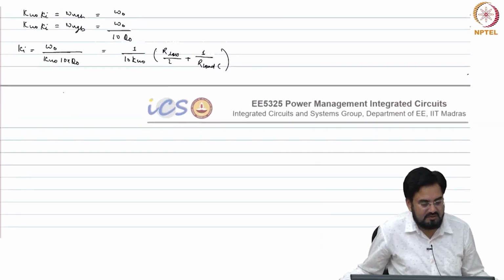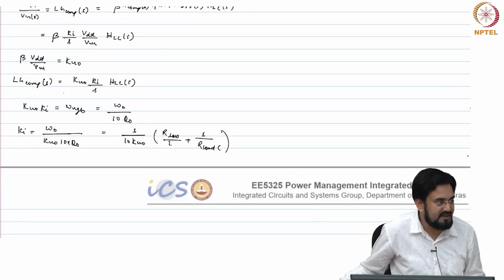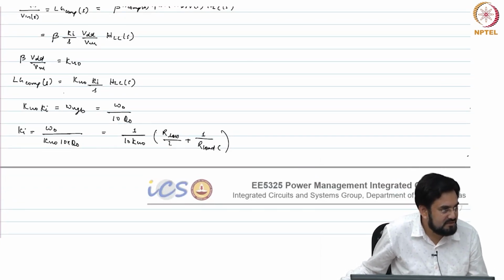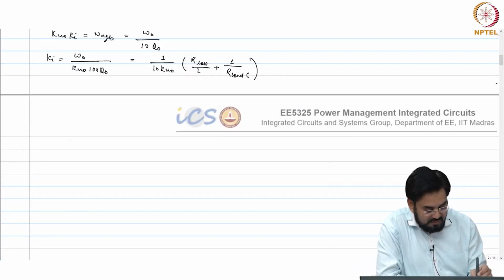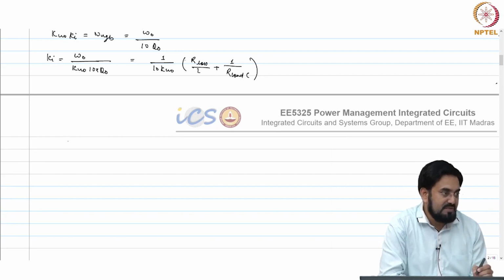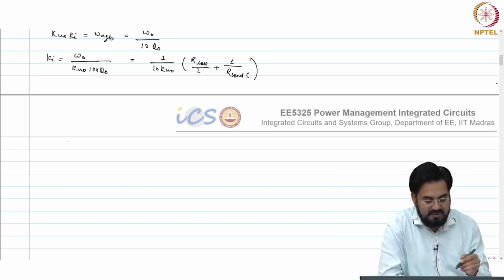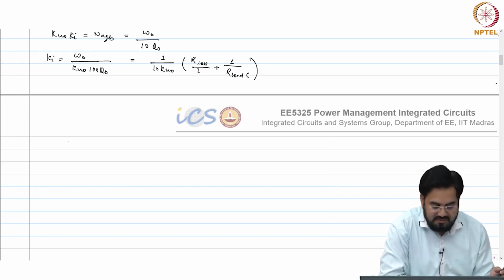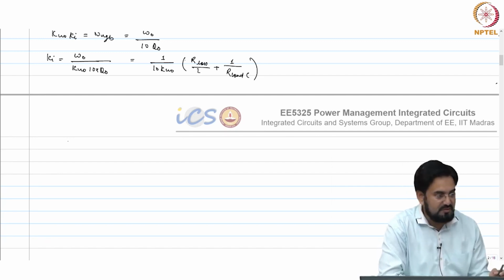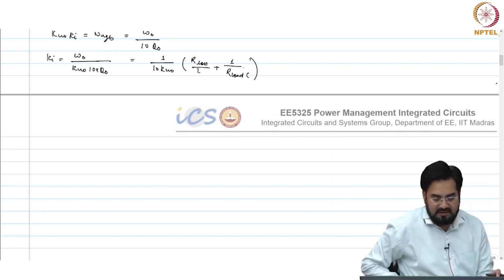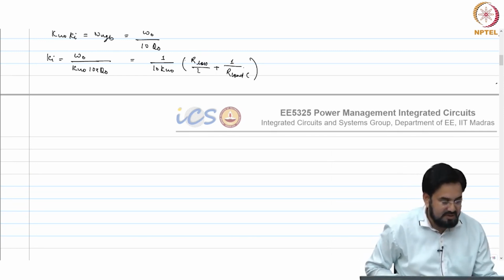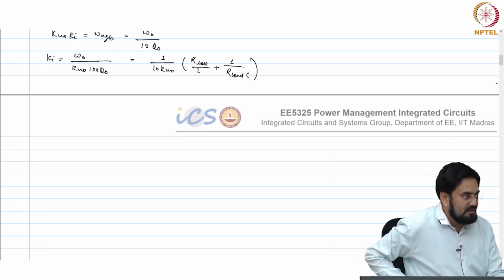And Ku 0 is known from your VDD is known, your VM is known. So, if you want 20 dB gain margin, then we have to follow this particular expression where your integral gain should be 1 over 10 times Ku 0 and in the bracket you have R loss over L plus 1 over R load C, and if you are looking at, as we already saw, that your Q will be maximum at no load.